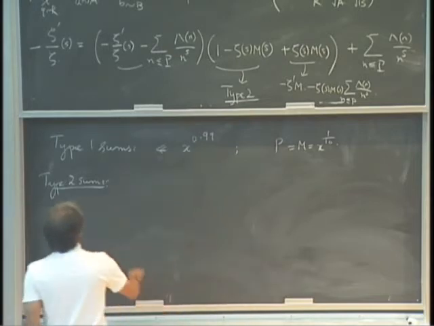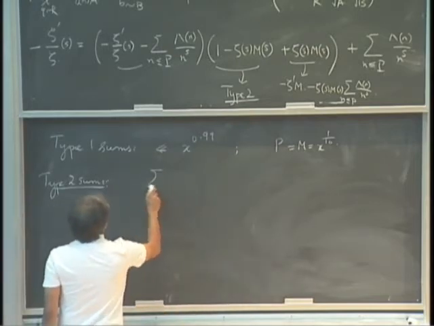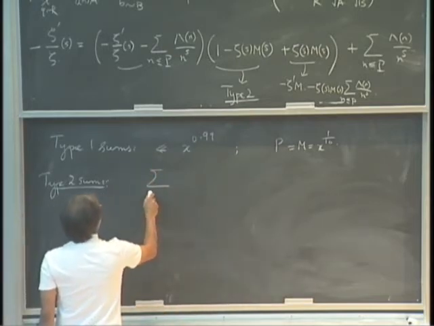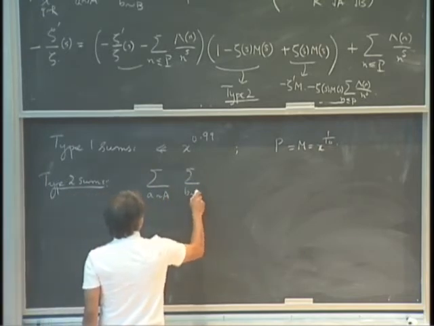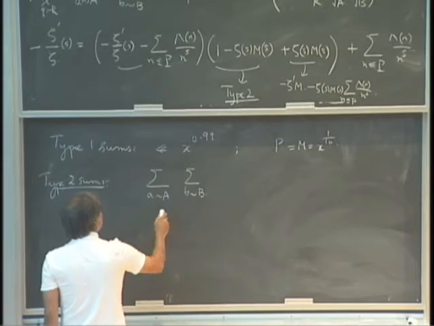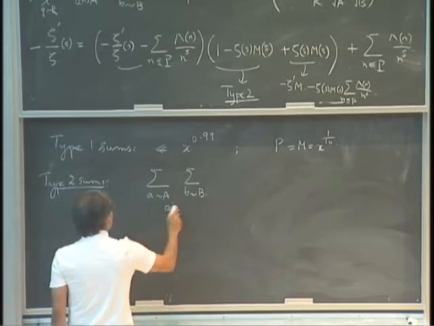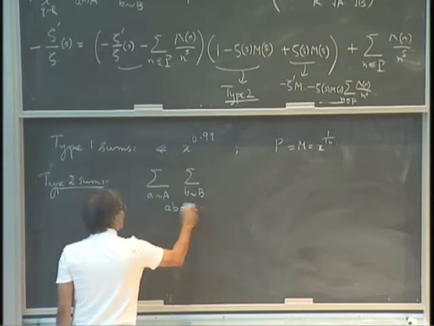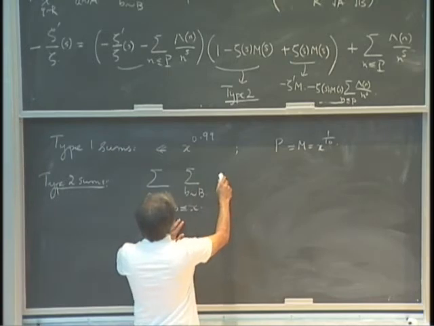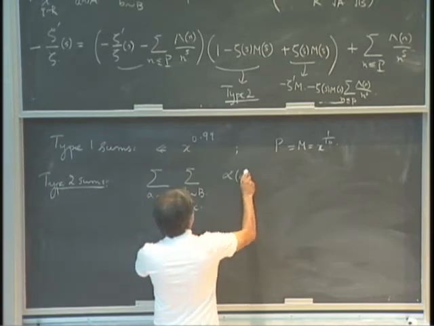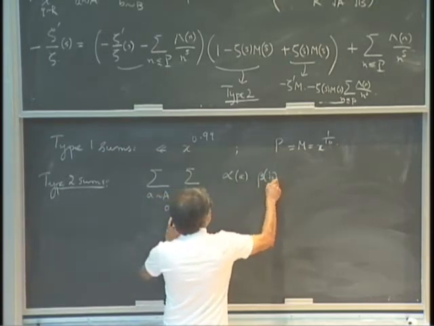Formally we do have something like a sum over A of some size A and B of some size B. There is really this condition that AB should be no more than x, and then some coefficients alpha A, beta B times chi AB.